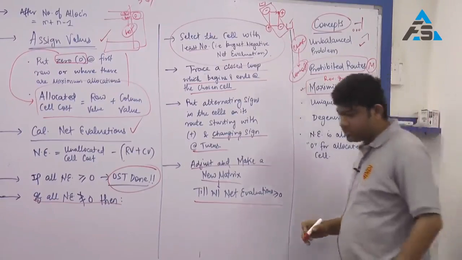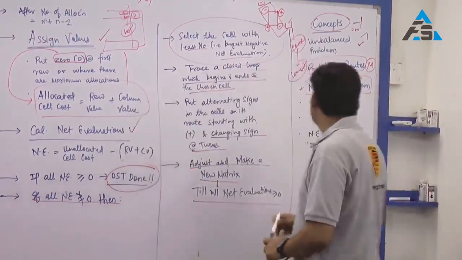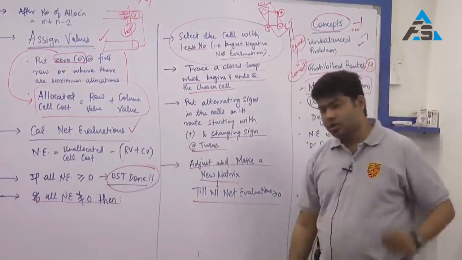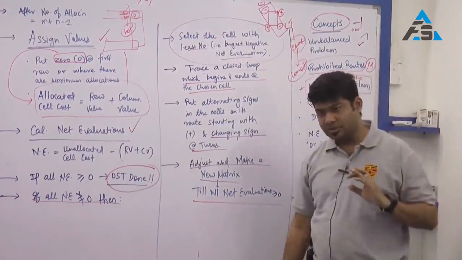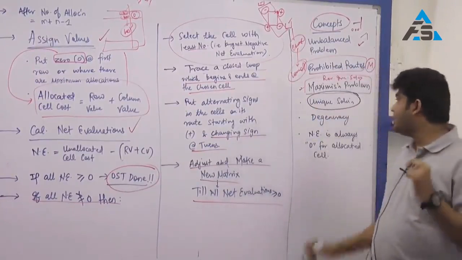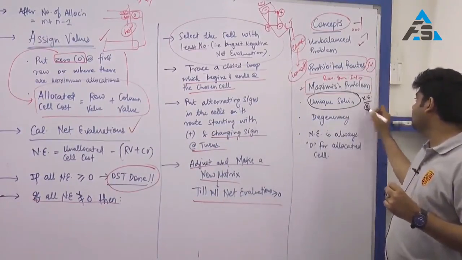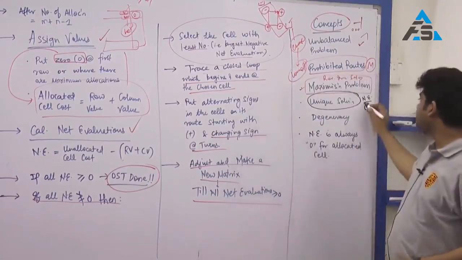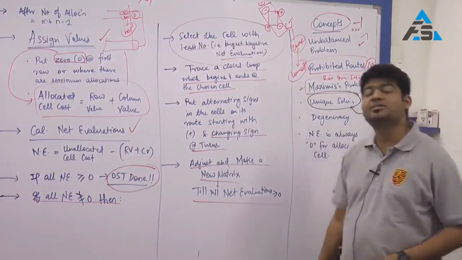Unique solution, this is the most important point in this whole transportation topic. Questions are asked on this concept of unique solution. Unique solution is also called alternate solution, also called multiple solution. Now, net evaluation will either be positive, negative or 0. If your net evaluation is 0, then we will say that yes, a unique solution exists.